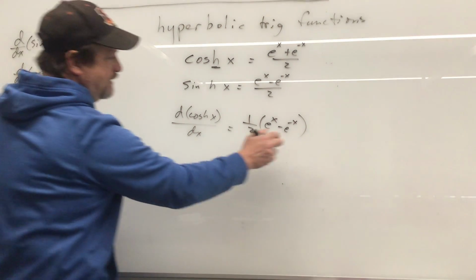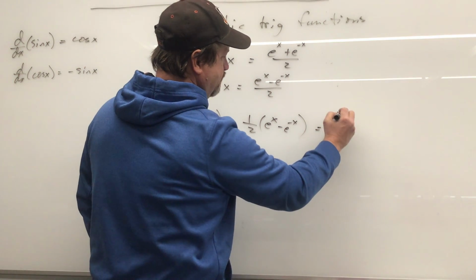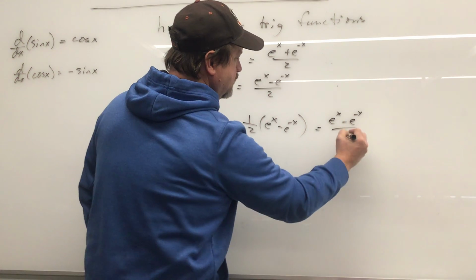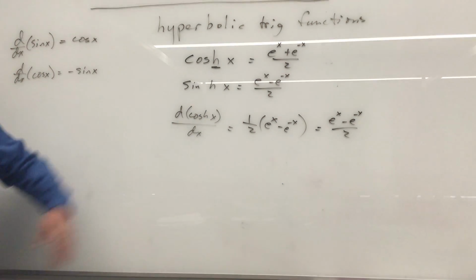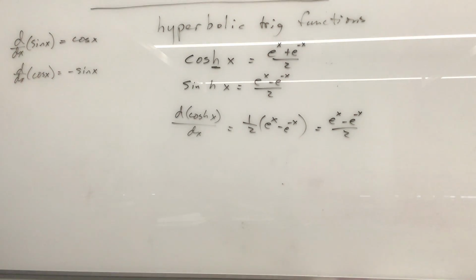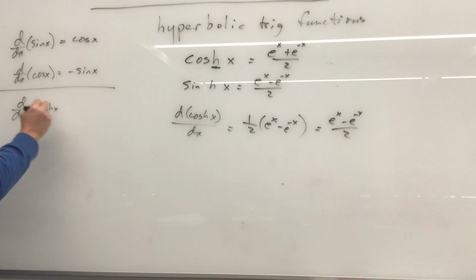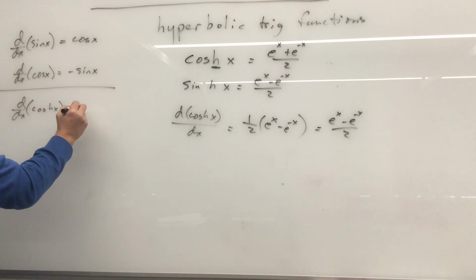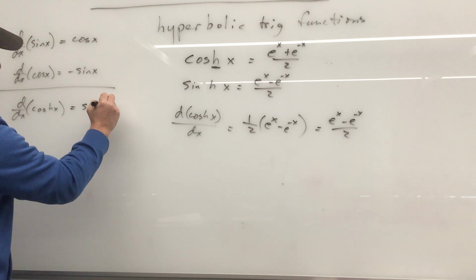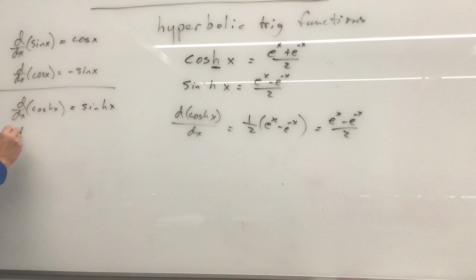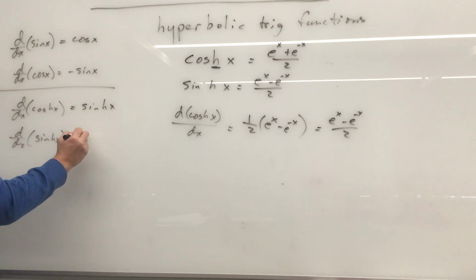And then I can put that 1/2 back into the denominator, and that would be precisely the hyperbolic sine, or sinh. So, whereas those are for normal trig functions, when we talk about the derivative of hyperbolic cosh, we get sinh. And similarly, the derivative of hyperbolic sinh gives us cosh.